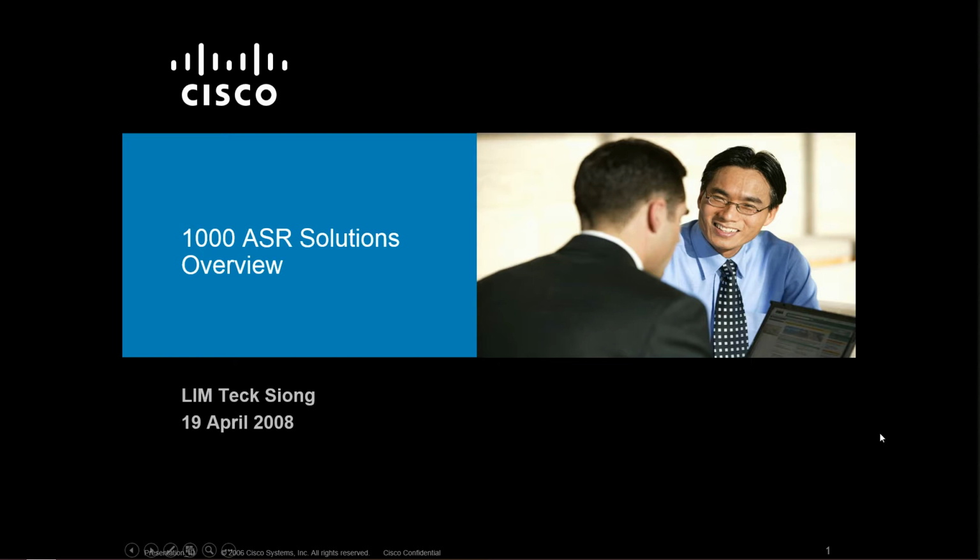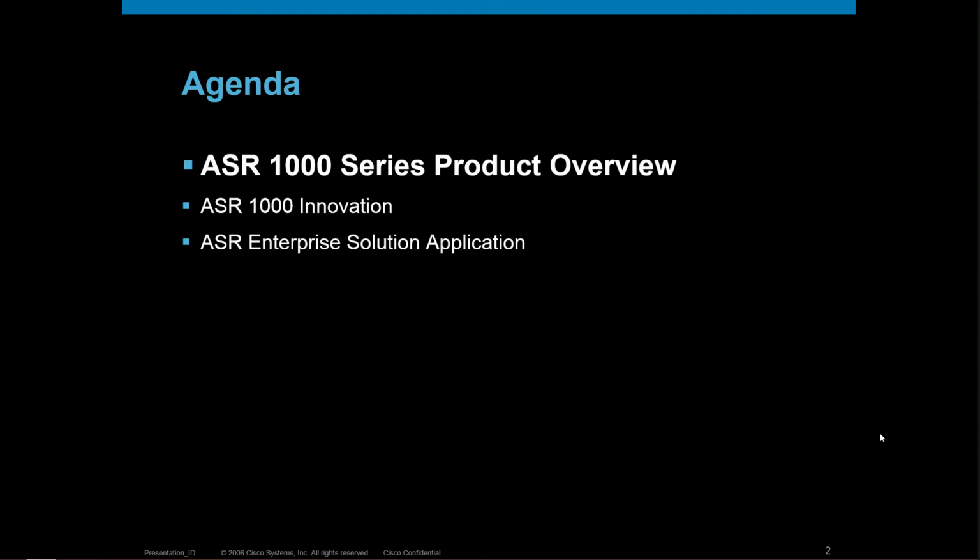Okay, so the last section is on our Cisco ASR 1000 solutions. While this is a slightly older PowerPoint, it's still relevant because it goes over the entry-level ASR 1000 series overview. That's the innovation and the solutions they provide.